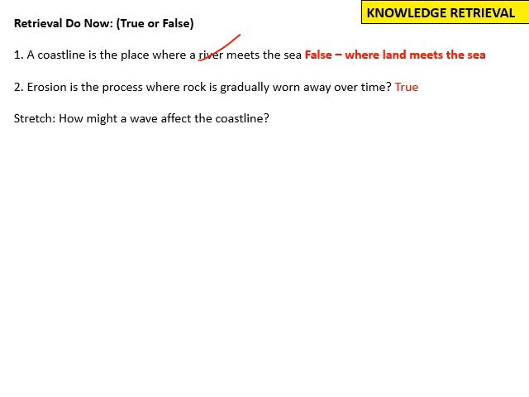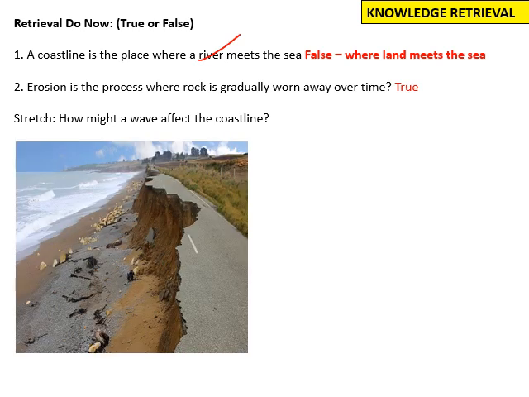So waves, the water that comes to the beach, how do they affect a coastline? Well, they cause coastal erosion. In this picture you can see the waves have attacked what was a road. You can see the lines on the road there. This was a road which has been attacked by coastal erosion because of these waves.